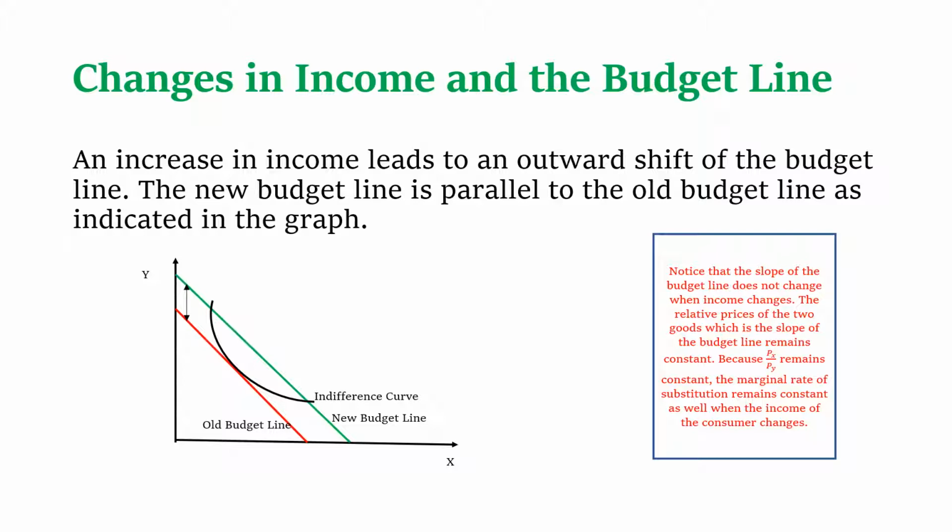As you can see here, the indifference curve is tangential to the old budget line. And at that particular point, the consumer is going to consume a given amount of X and then a given amount of Y.